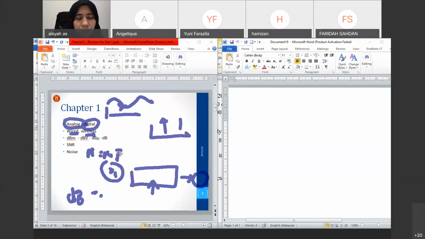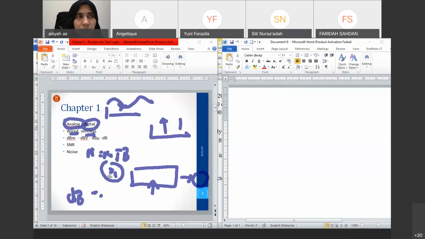Yes, if given Celsius, how to change from Celsius to Kelvin? Plus 273. Yes, plus 273. So this is the formula for the noise.